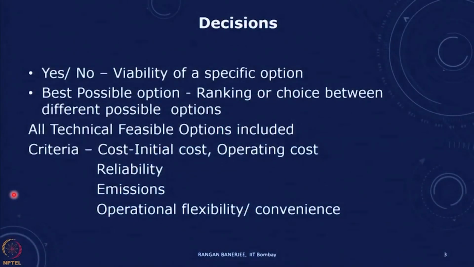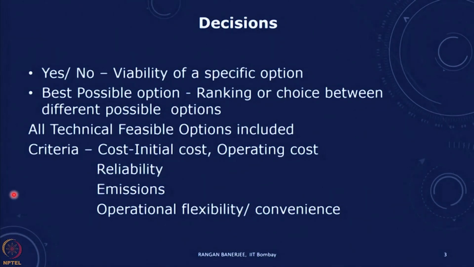So, what are the types of decisions that one takes if you are in an industry or in a company? There are two types of decisions. One is you can think in terms of a yes no kind of decision. For instance, there is a boiler or a furnace in an industry, and the exhaust gases are going out at some temperature.